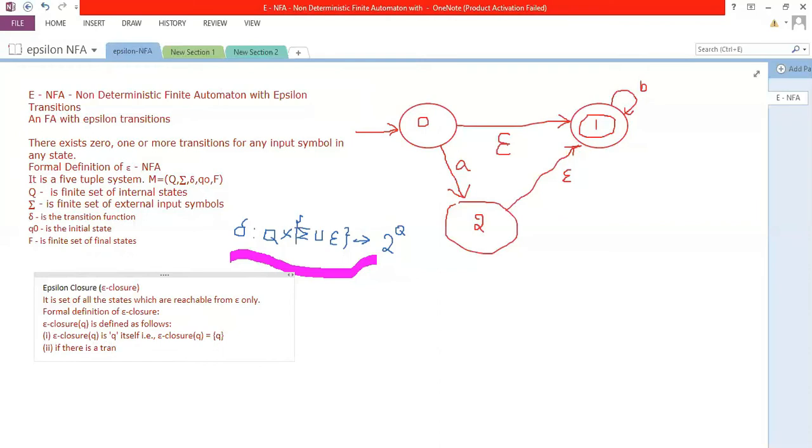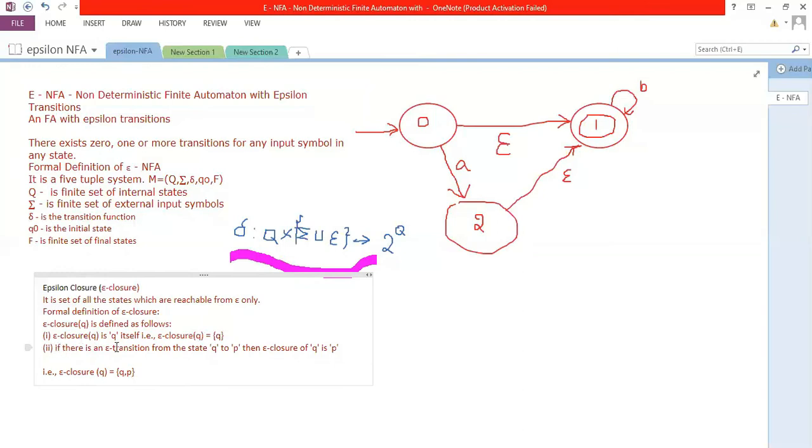Second rule says transition. If there is an epsilon transition from the state Q to P, then epsilon closure of Q is P. I can write it like this also, that is epsilon closure of Q will be equal to Q and P. Observe the second rule properly.